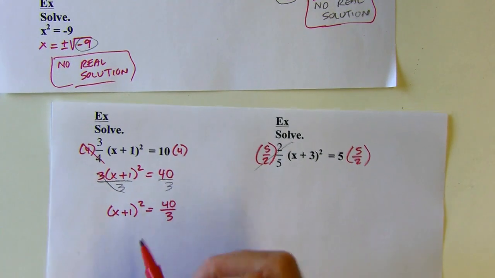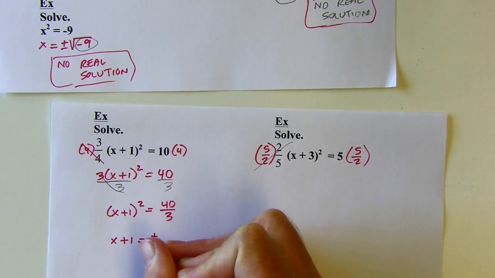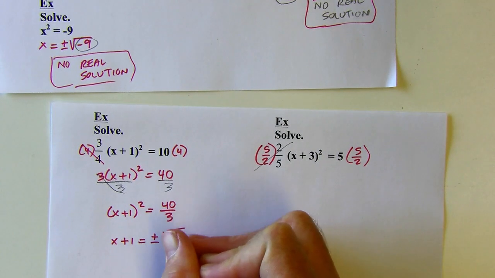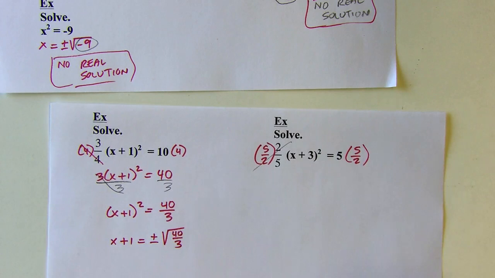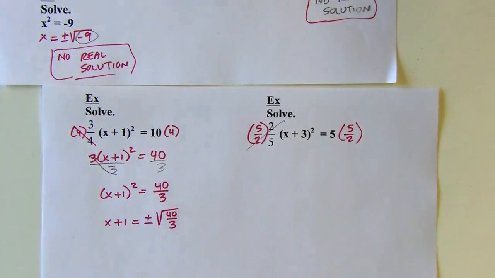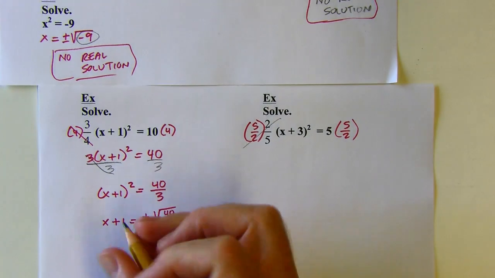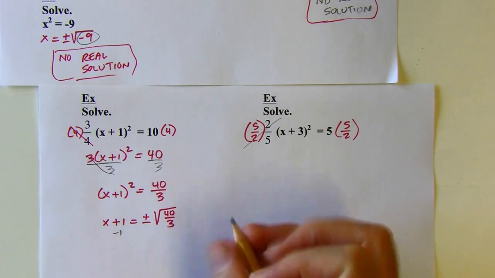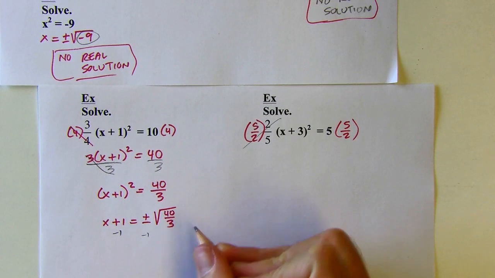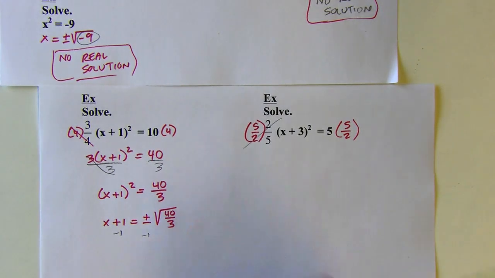So next thing I want to do is take the square root of both sides of the equation. Don't forget the positive or negative symbol there. Okay, and then I'm isolating this for x, so I'm going to subtract 1 from both sides. You could write -1 at the end after the radical, but it's not usually done like that.